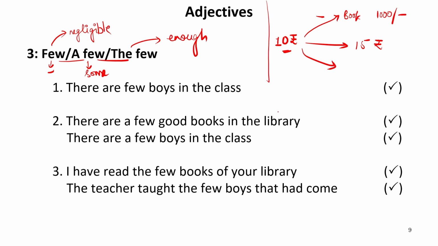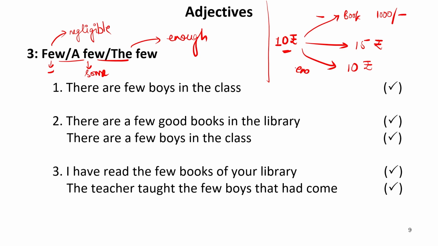Now because I only have 10 rupees, I moved on to another shop, a newspaper shop, and there I went for an English newspaper that cost 10 rupees. Now because it was 10 rupees, proudly I will say, yes, of course I have 10 rupees, take it and give me the newspaper, because this 10 rupees is enough for that particular newspaper. So this is enough and sufficient over there.